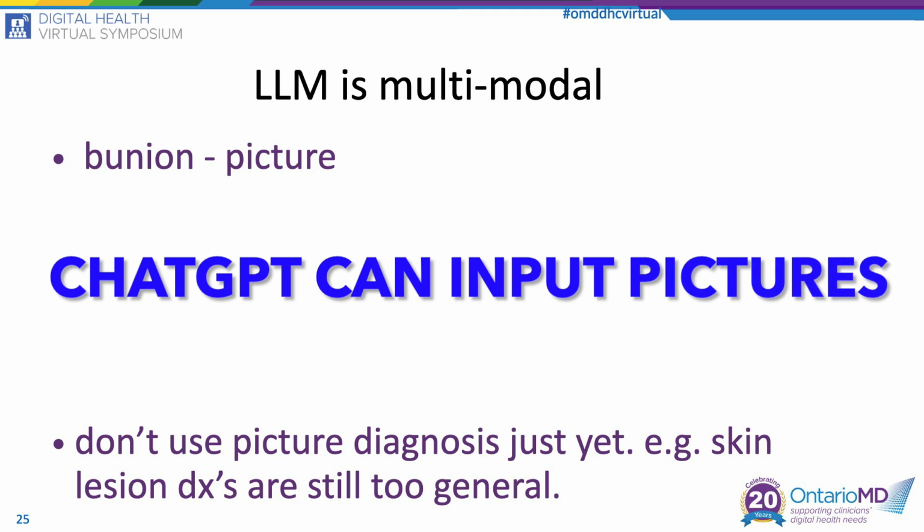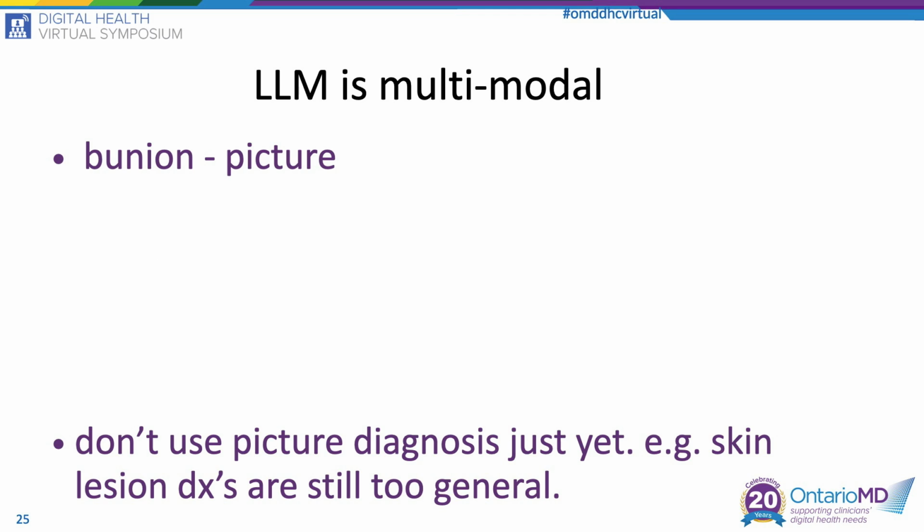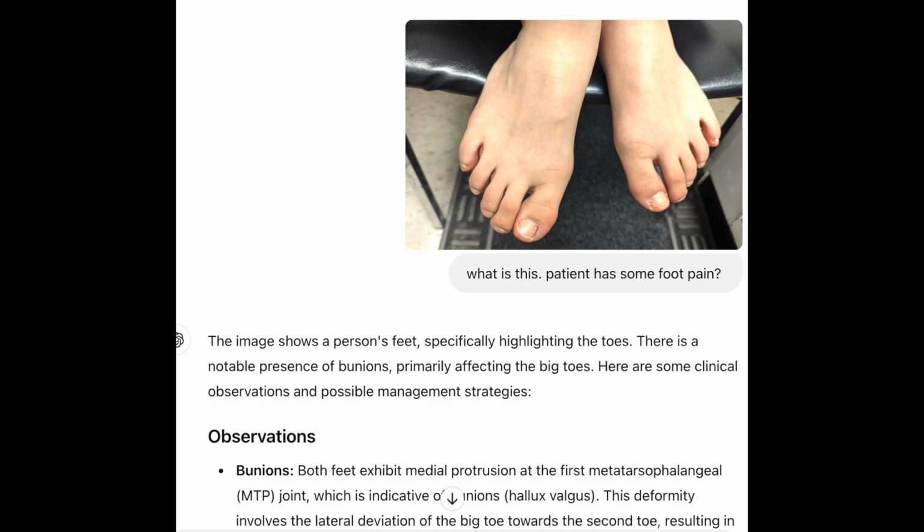The latest feature of the newest ChatGPT 4.0 is that it can understand pictures and not just text. So if you upload a picture of, say, a bunion, it can understand that this is a bunion. But for really clinical pictures, I really don't trust it just yet because it's not fine-tuned for clinical pictures.